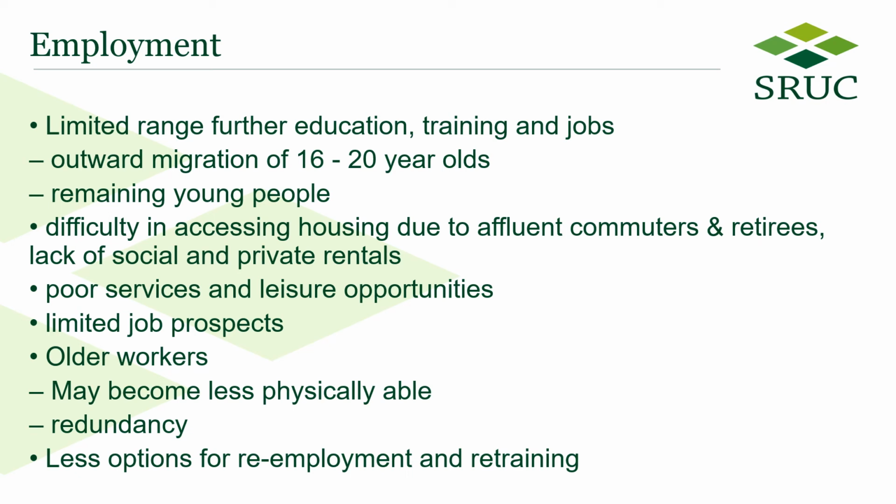And there's maybe a lack of social and private rentals in those areas. Accessible and remote rural locations tend to have a lot fewer apartments and flats compared to cities, and that's where young people usually get their start living before they move to detached houses or bungalow areas.